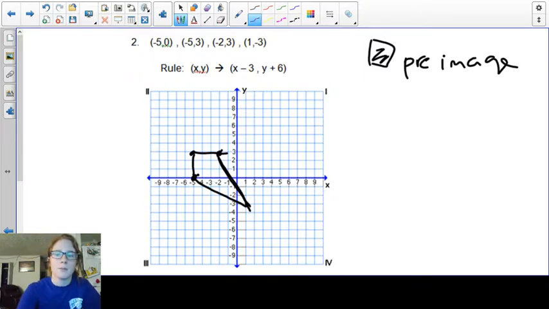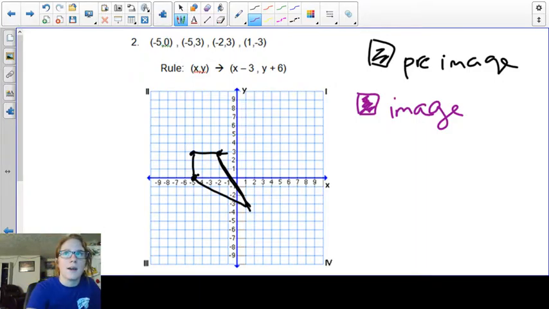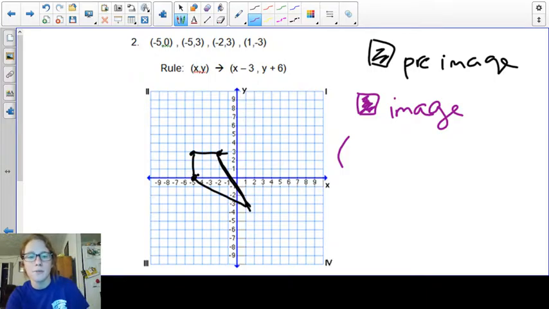So then I'm going to do my image in my purple again, keeping it the same. So I'm going to do my points in here. We're going to subtract 3 from my x's, and then we're going to add 6 to my y's.